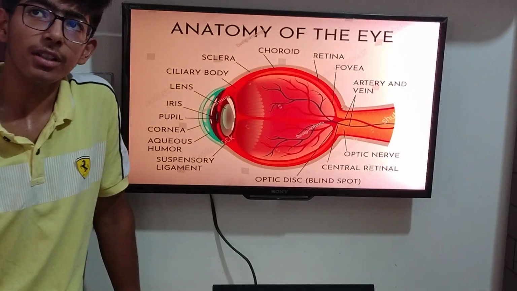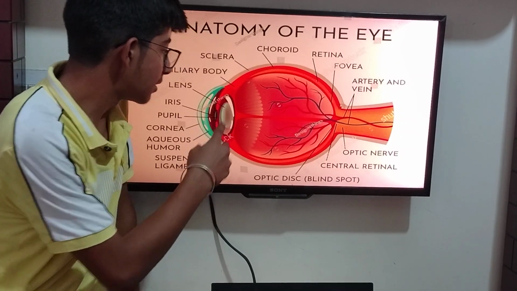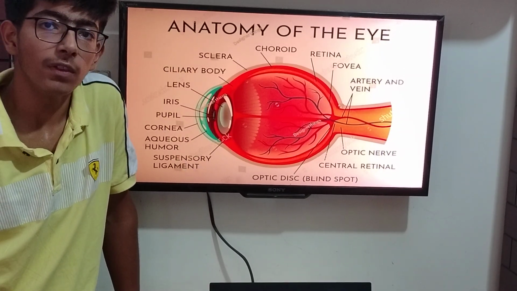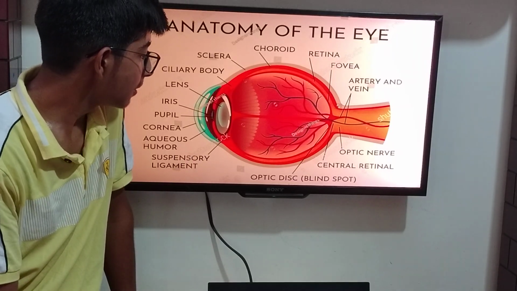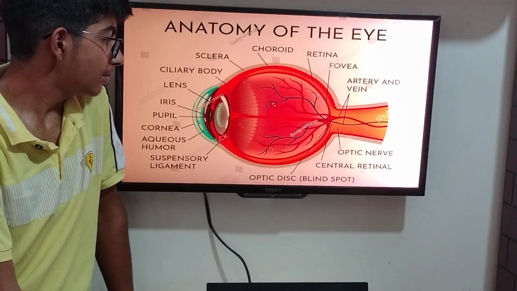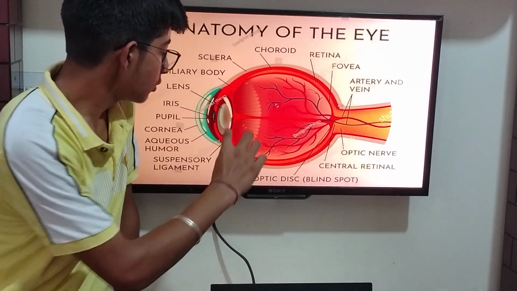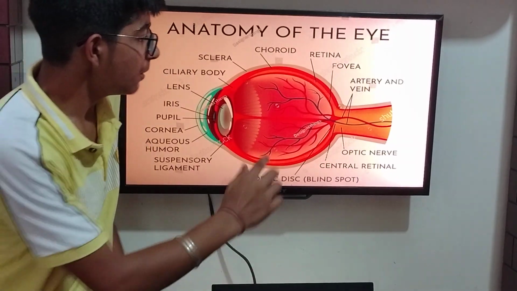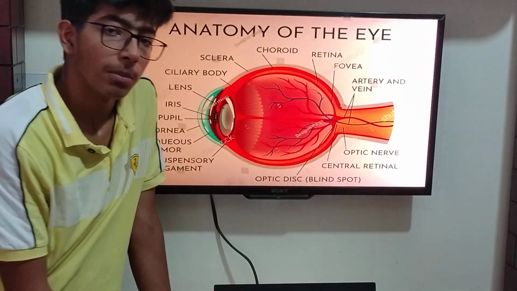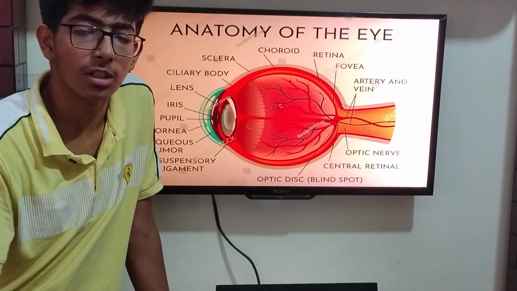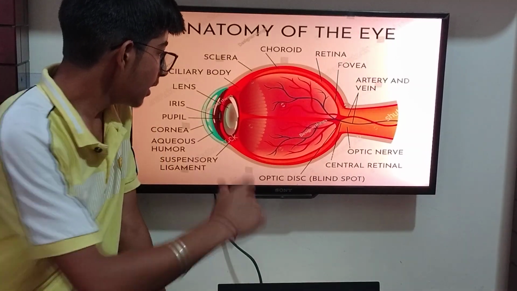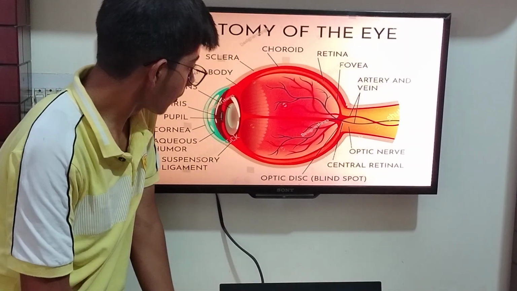These ciliary muscles help in the stretching of lens. Like when we want to see nearby objects, these ciliary muscles contract and the lens becomes thick, which helps in converging light rays here because we need more power to see nearby objects. So here are our ciliary muscles.